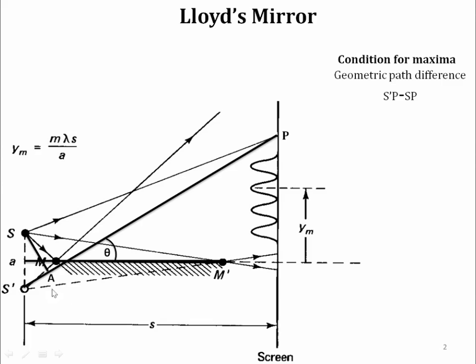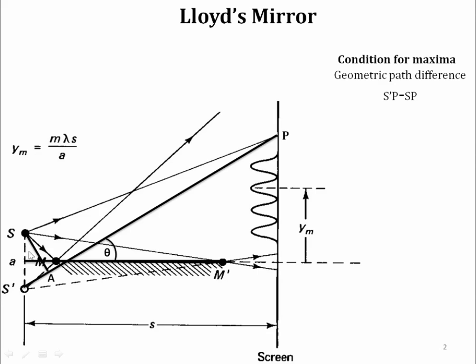Why will it be theta? Because we know that the angle between any two lines and the angle between their perpendiculars are the same, correct? This line and this line have an angle of theta with each other, and the perpendicular to this line is this one, and the perpendicular to this line is this one. So these two perpendiculars will also make an angle theta with each other. So this angle is theta.